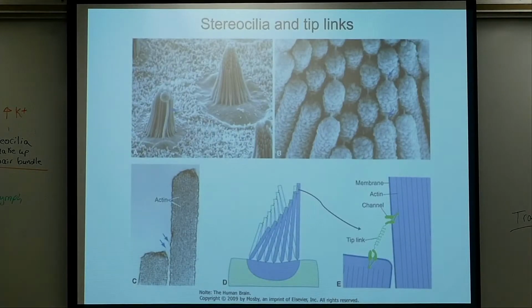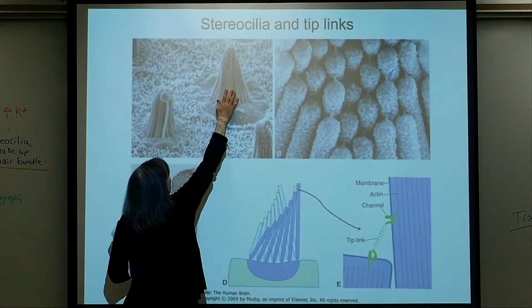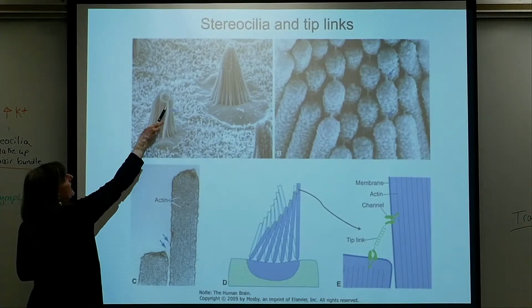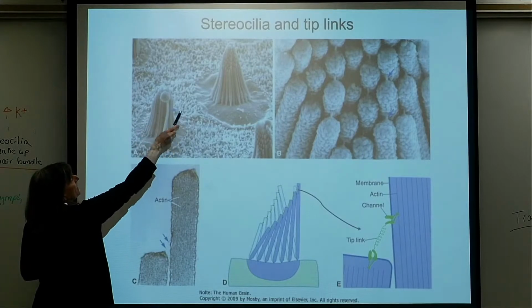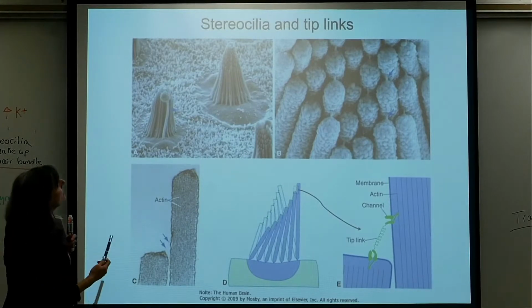This is a scanning electron micrograph of a hair bundle at the top. So this is the top of the cell. Here's our hair bundle. You can see that nice staircase arrangement of the stereocilia. This right here is the kinocilia, which has an arrow pointed to it, and that's found in the vestibular system.